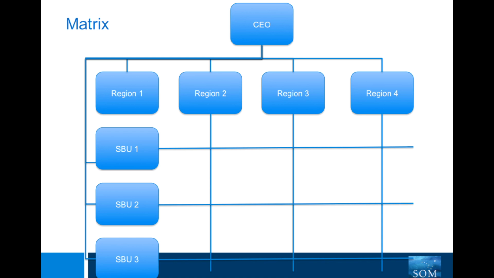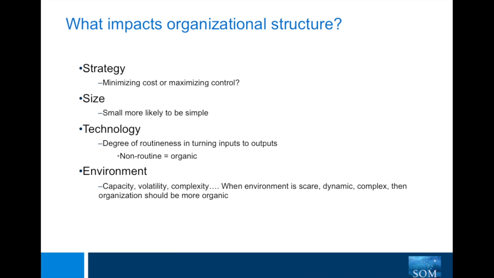But the matrix organization structure developed in part so that people don't have these deeply ingrained loyalties just to their product team or just to their function, and that they have to consider the things that impact both the function or the product or the geography. There are both pluses and minuses to this organizational structure.